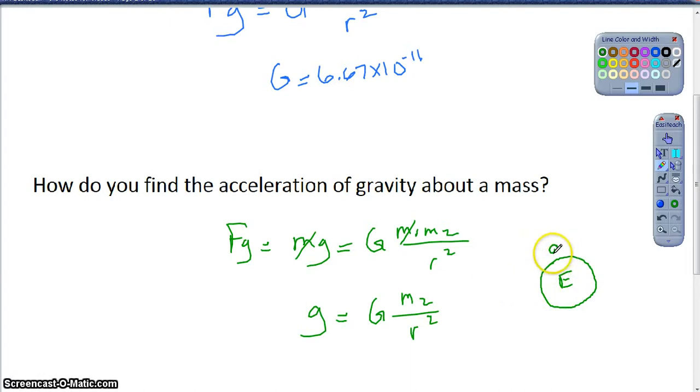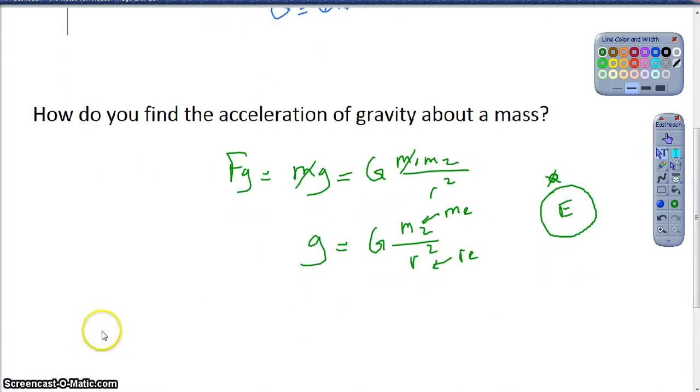Well, there would be a force between those two, but the mass of that object would cancel out in the calculation for the acceleration. So the mass that I need is the mass of the Earth, and the radius that I need, the distance that I need, would be the radius of the Earth. So make sure you are comfortable going back and reviewing this skill that we've seen before. But anyway, like I said, hopefully this is nothing new and nothing too bad.